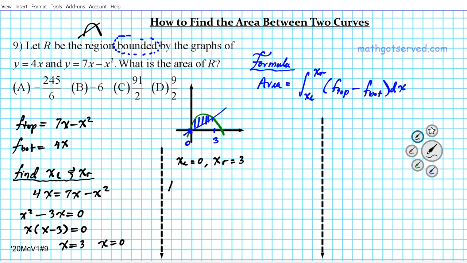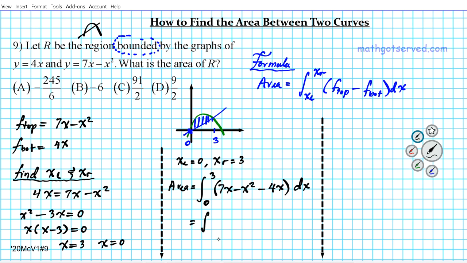So the area is going to be the integral from 0 to 3 of f top, which is the green function, our quadratic, 7x minus x squared, minus f bottom, which is 4x. The bottom function is a monomial, so I don't have to put parentheses. But if you have a binomial, you want to put parentheses there because the signs will flip when you distribute. So let's simplify our integral first, and then we're going to use FTC1 to finish this off.